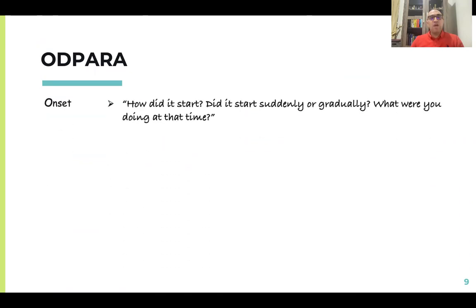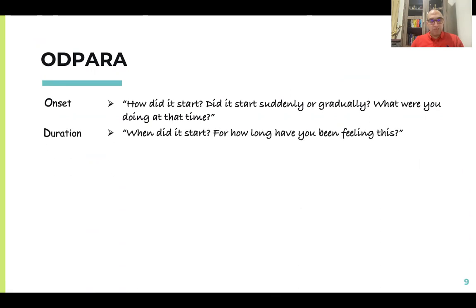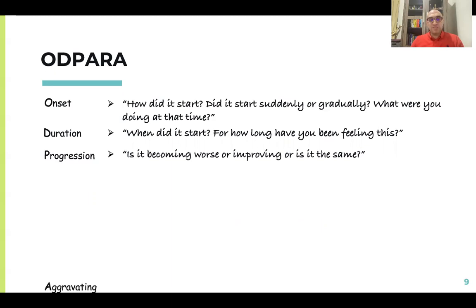For the mnemonic ODPARA, O is for onset. How did it start? Did it start suddenly or gradually? What were you doing at that time? D for duration. When did it start? For how long have you been feeling this? And progression, P. Is it becoming worse or improving, or is it the same?